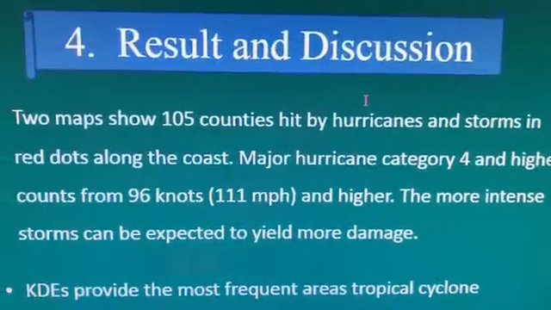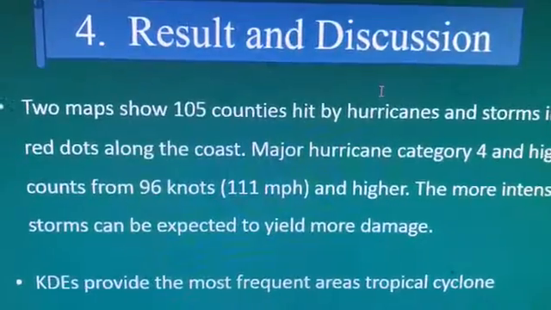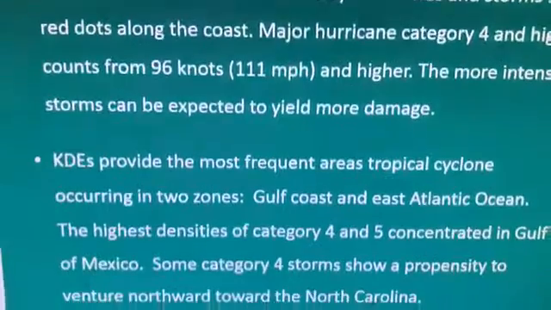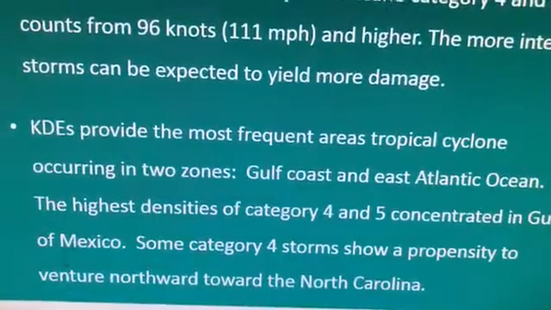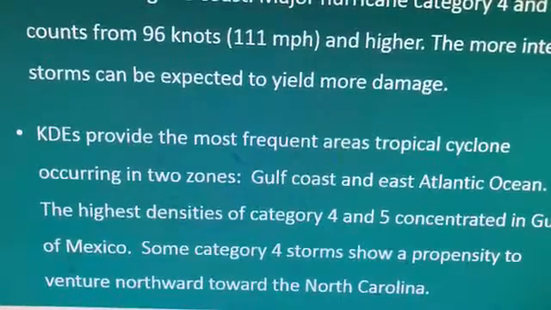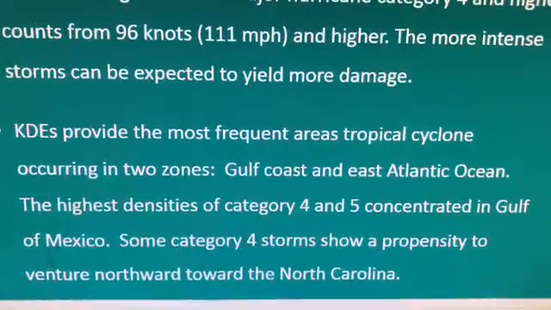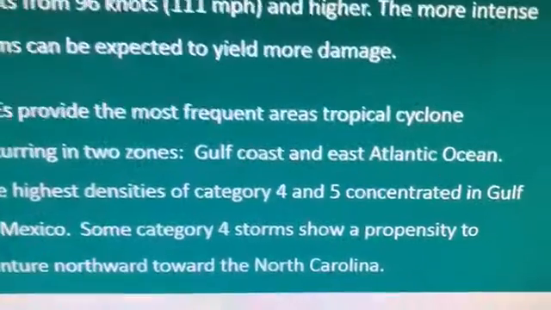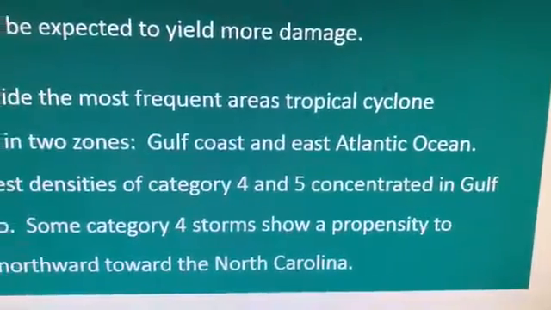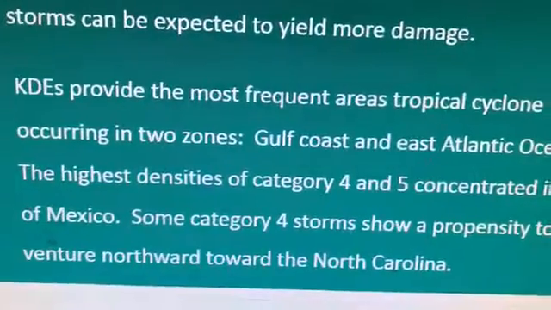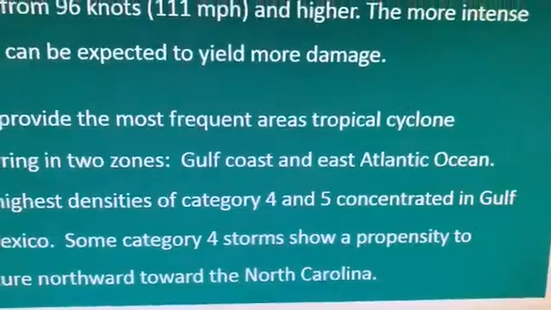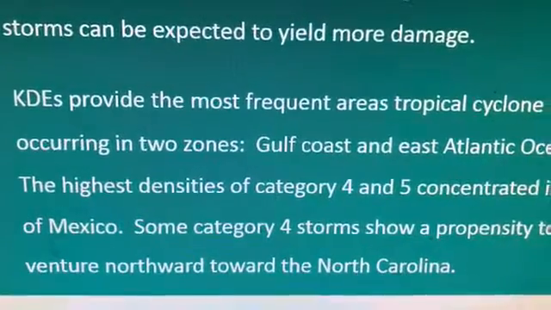The more intense storms can be expected to yield more damage. Density estimates provide the most frequent areas of tropical cyclones occurring in two zones, the Gulf Coast and the East Atlantic Ocean. The highest density of categories 4 and 5 is concentrated in the Gulf of Mexico.